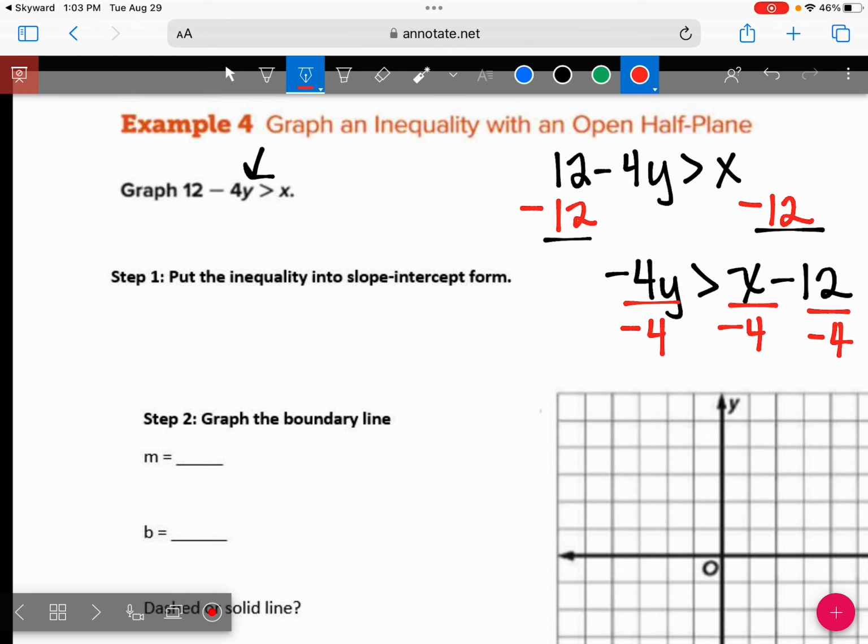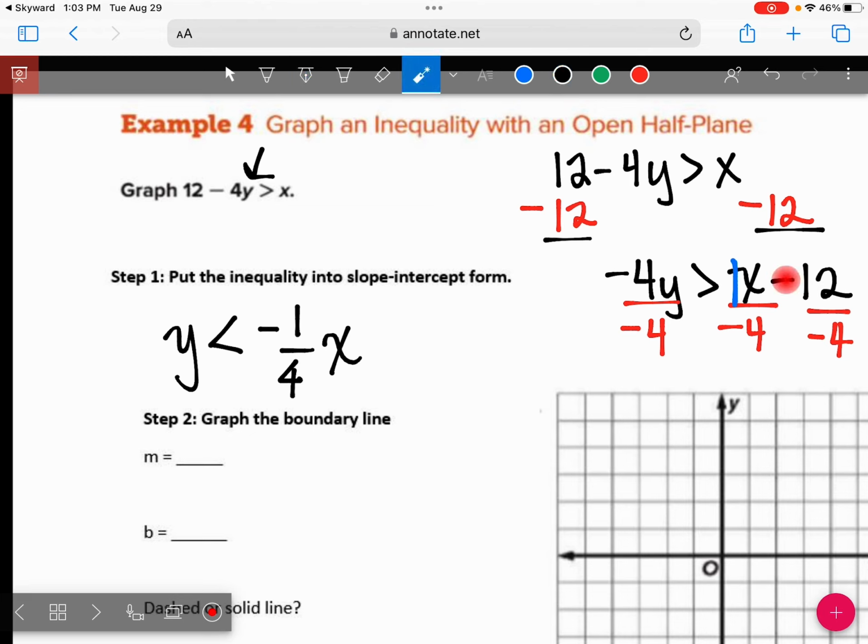When you divide by a negative, you have to flip the inequality. So it's not going to be greater than anymore. It's going to be less than. There's an invisible 1 in front of this x. So your equation becomes y is less than negative 1/4 x.